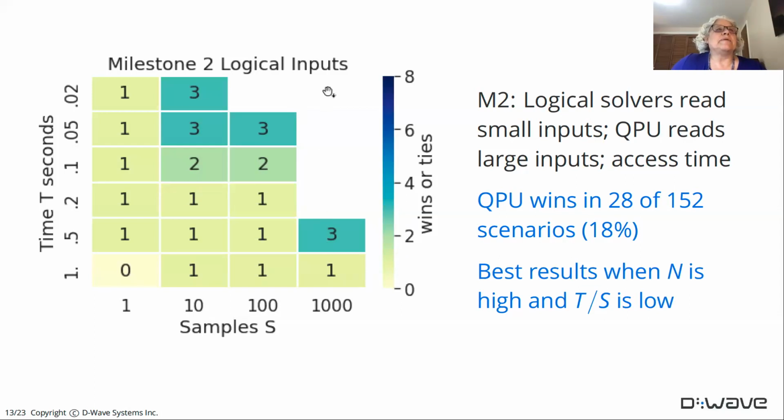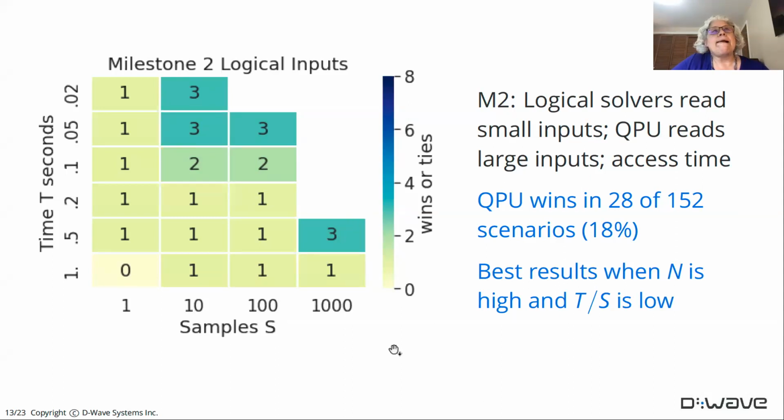Returning 1,000 samples in 20 milliseconds is just out of the question for all the solvers that we tested. That is the way to interpret that. But you can see that in cases where computation time is smallerish and sample sizes are higherish, giving you less time per sample, are places where the QPU does better.